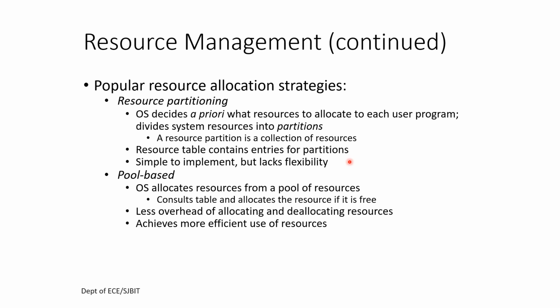The second one is pool based allocation. Pool based allocation is where the OS allocates the resource from a pool of resources. The OS maintains the pool of resources in a common place, and whenever a request comes from the user or from the program, whatever resources are requested by the program will be allocated to it from the pool.